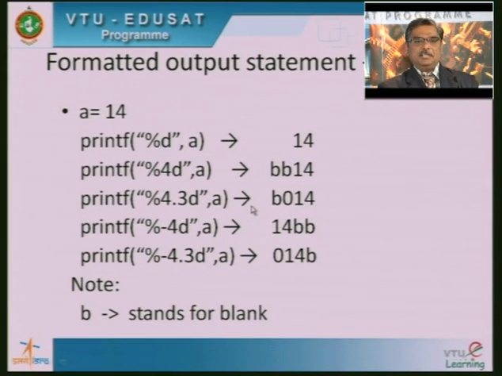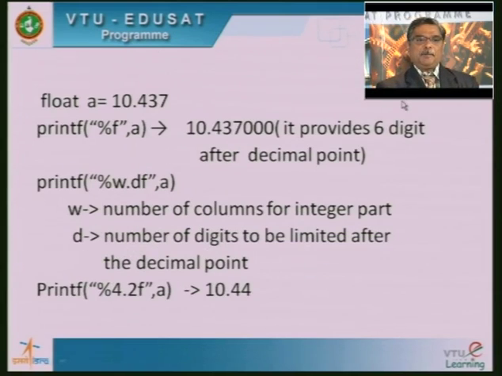The same thing is required for floating point numbers. So for floating point, float a equal to 10.437 is the value you are assigning. When you print the same variable, printf %f a, you will get 10.437000, padded, and totally you are going to get 6 digits after the decimal point by default, depending on the compiler.